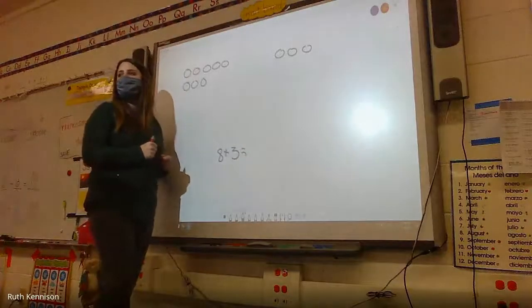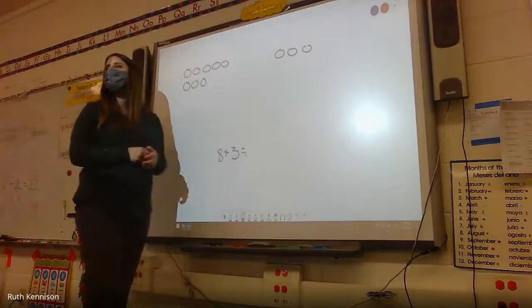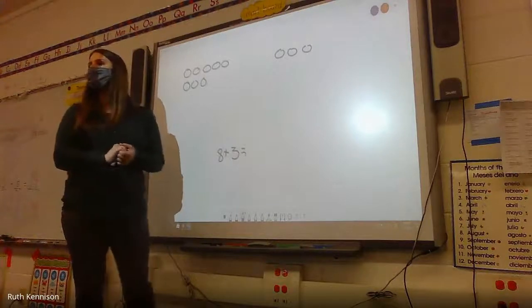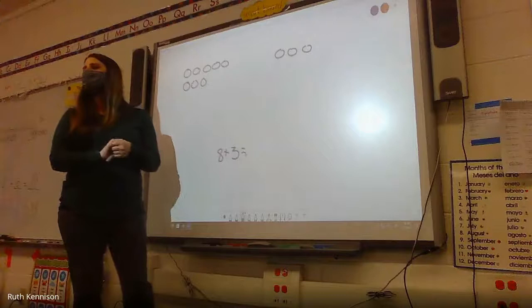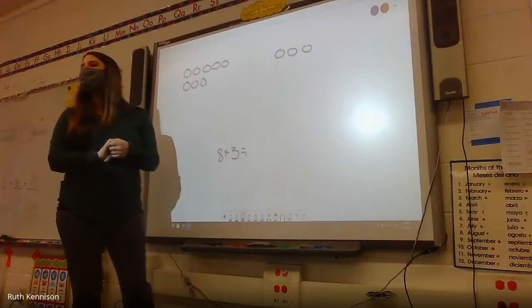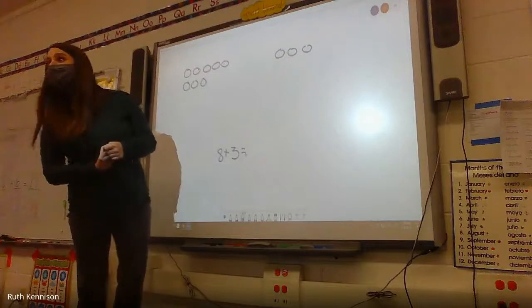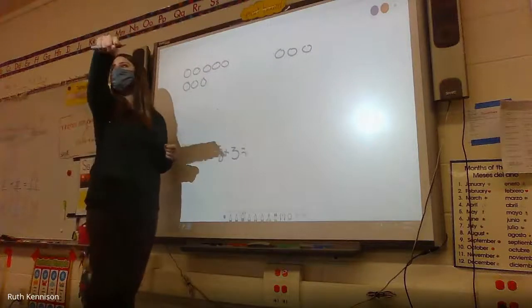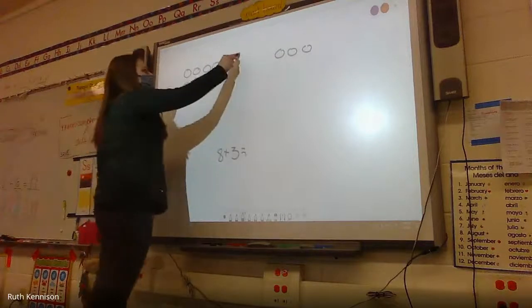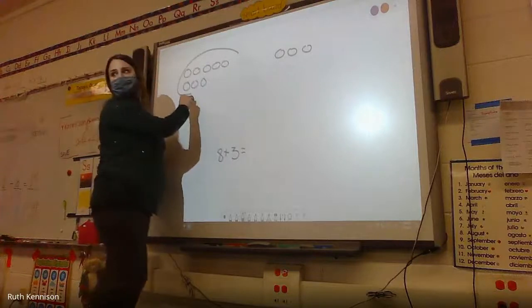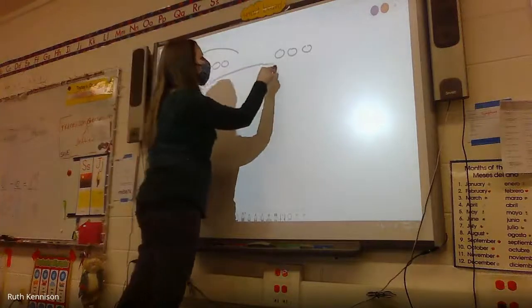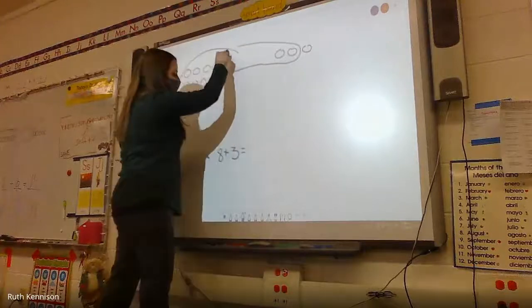Cambry, erase that 10 plus 3. Erase the plus 3. You did not do your group of 10. You can't do your plus for that until you do your group of 10. So you go 8. We know 8 plus 2 equals 10, correct? So we circle 2.